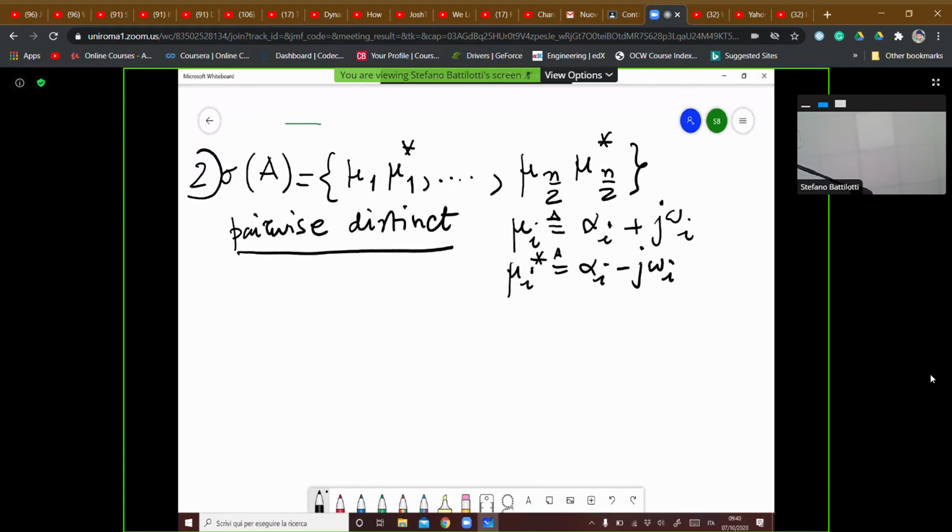However, if mathematically this is completely satisfactory, we take these eigenvectors, complex or not, it's not important.